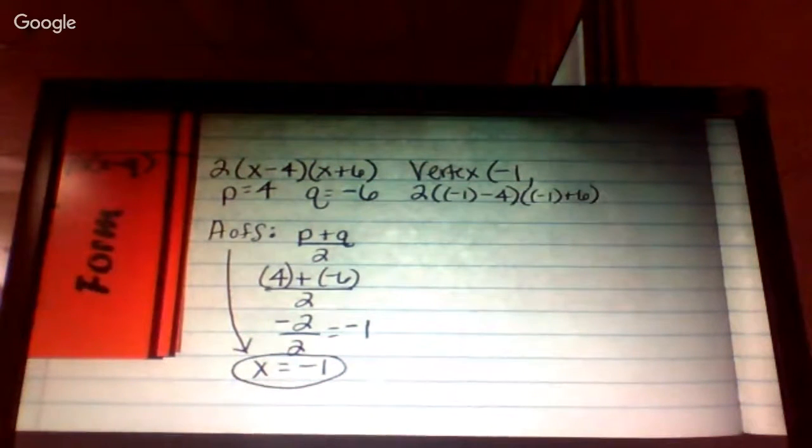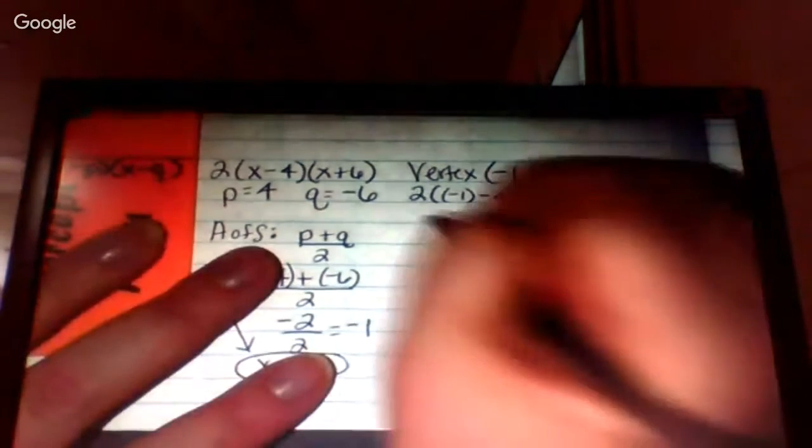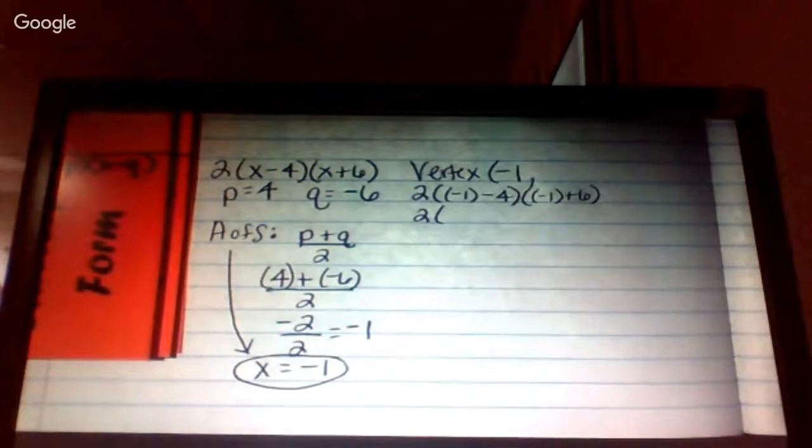Okay, so this is actually 2 times, what's negative 1 minus 4? If you start at -1 and you go 4 in the negative direction, where do you end up? -5.